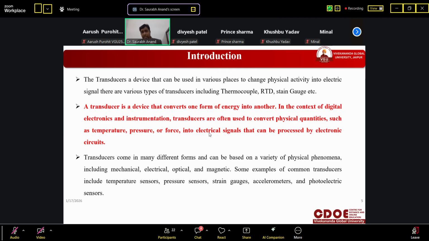So that sound energy should be converted into electrical energy first. Who is converting that sound energy into electrical energy? That is the transducer, and that transducer is nothing but the microphone, mic. The mic that we use is actually a microphone.